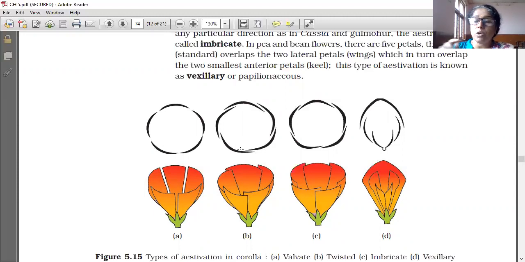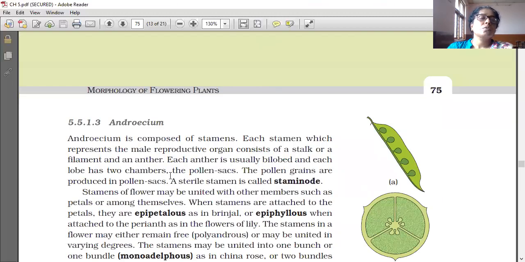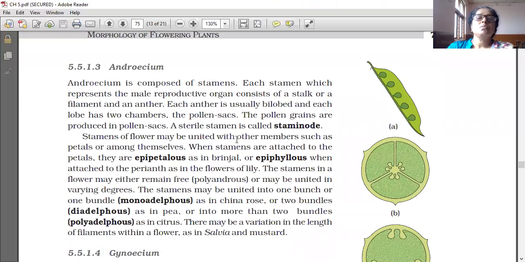You have to write the examples of the different types of estivation along with the answers. So, valvate, twisted, imbricate and vexillary estivation.